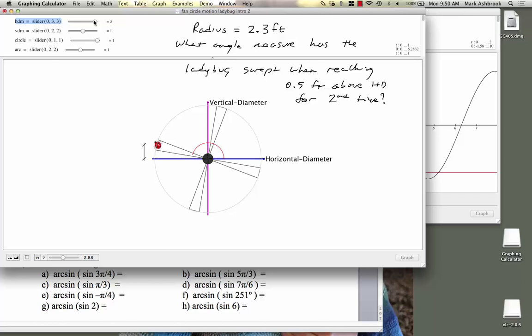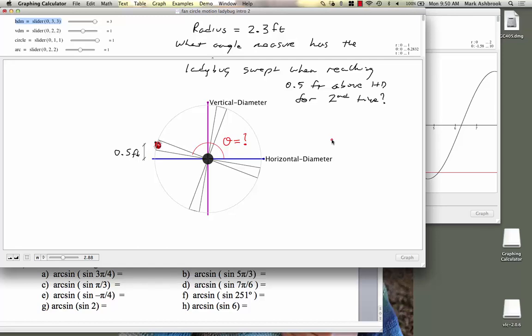So this right here is 0.5 feet. What angle is this right here? You really have to know what's going on with arc sine to figure this out. So what angle in degrees is that?